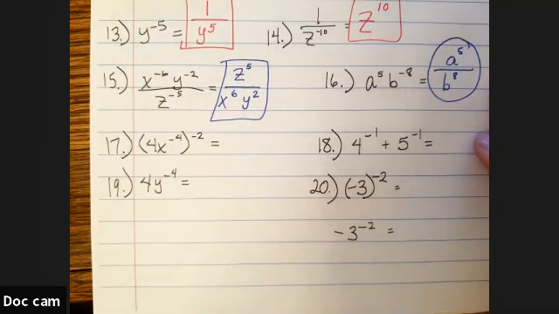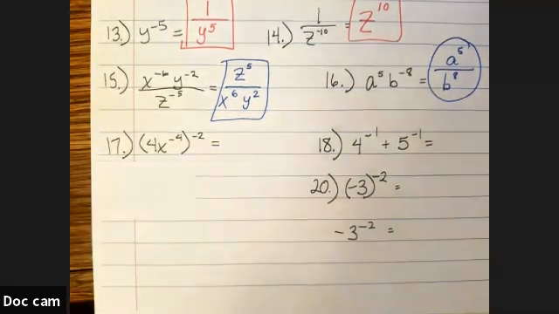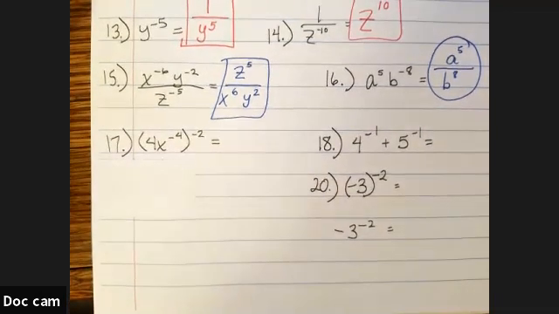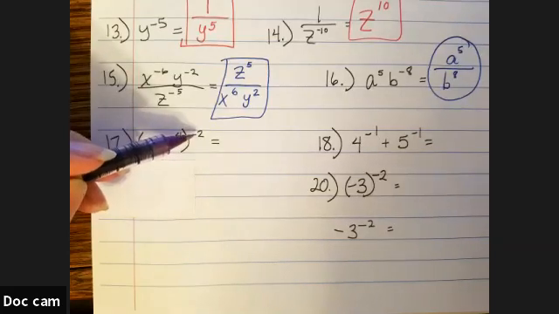All right, and let's see, number 17. Here we have a negative exponent on the outside of the parentheses. So probably the first thing I would do is take care of that negative.